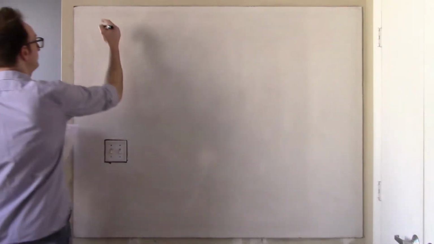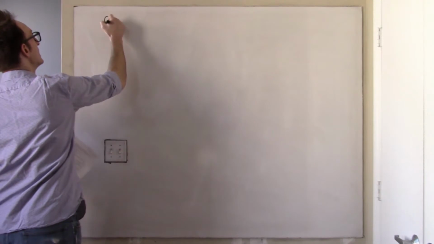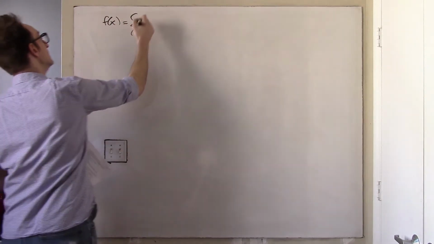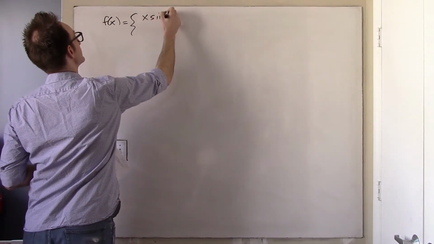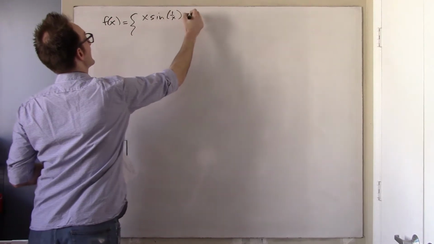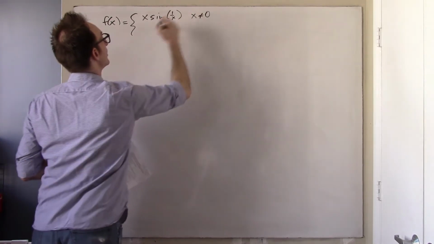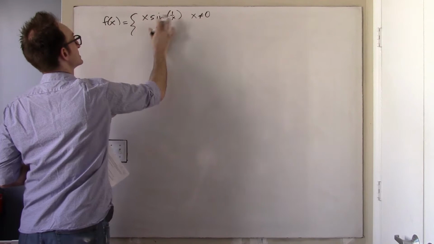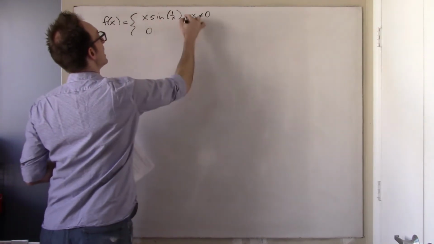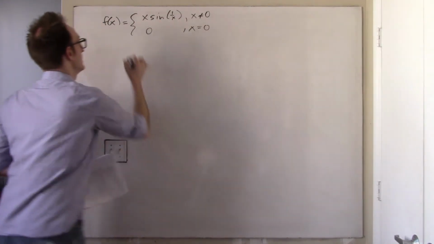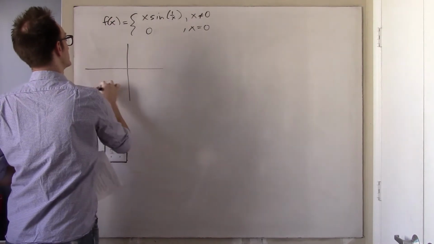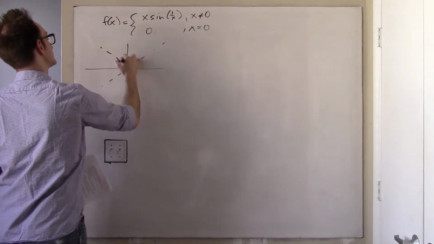We ended with this example of this function, which was x sine 1 over x when x is not 0, and just 0 when x is 0. And okay, we graph this. Let me just do it again, really fast.